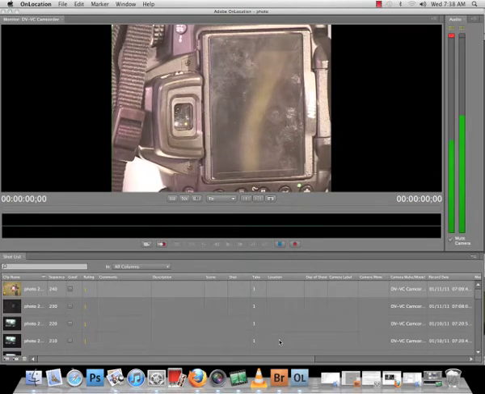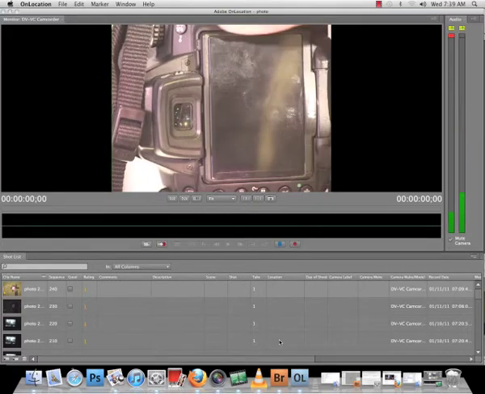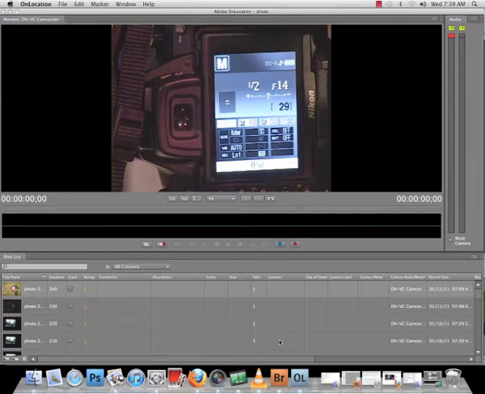Okay, let's factor those in. Off tripod and on tripod. Okay, and then let's deal with averages. When I am dealing with off tripod, on vacation, taking pictures of whatever, I am in a range of 1/125th of a second on up.